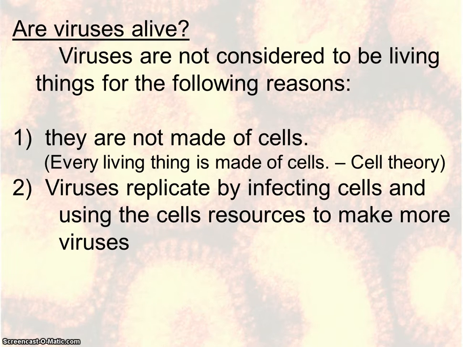It's going to take over that living cell and use the functions that cell usually goes through, like mitosis and meiosis and cell respiration. It's going to use those functions to reproduce the virus. So the virus cannot do any of that unless it uses a living cell to do those things.